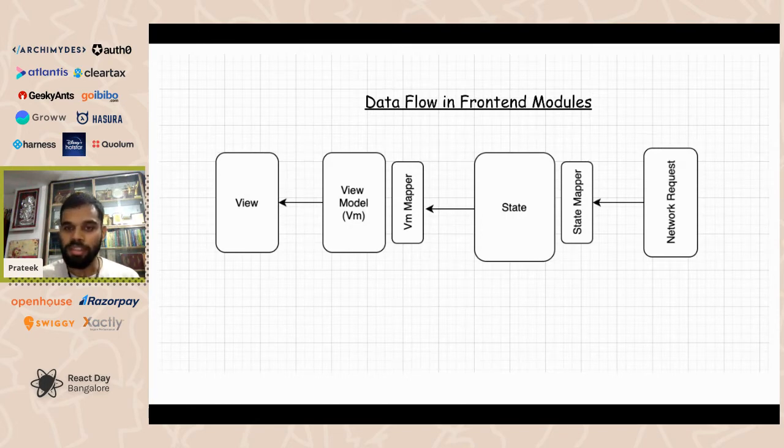So state is the domain model for my front-end application. The VM, the view model, is a domain model for my view because the view consumes it. As we go through the talk, state is where I'll be focusing, because if we model our state accurately to the business requirements, half the battle is won.